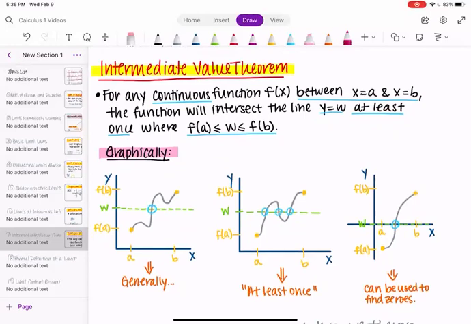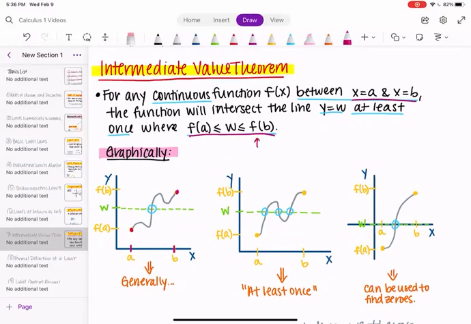So let's break down this first example. We're looking between x equals a and x equals b. So between these two points, I have to be able to draw a straight line, right? And I'm also looking between two y values. That's what this piece says. It's kind of an ugly way of writing it, but all they're saying is that they're looking between two x values, which they tell you here, and two y values, which they tell you here.